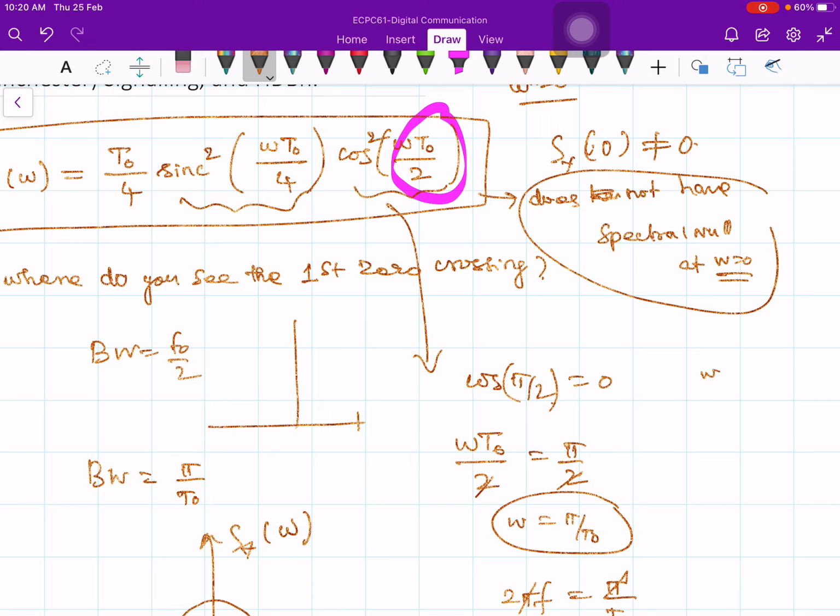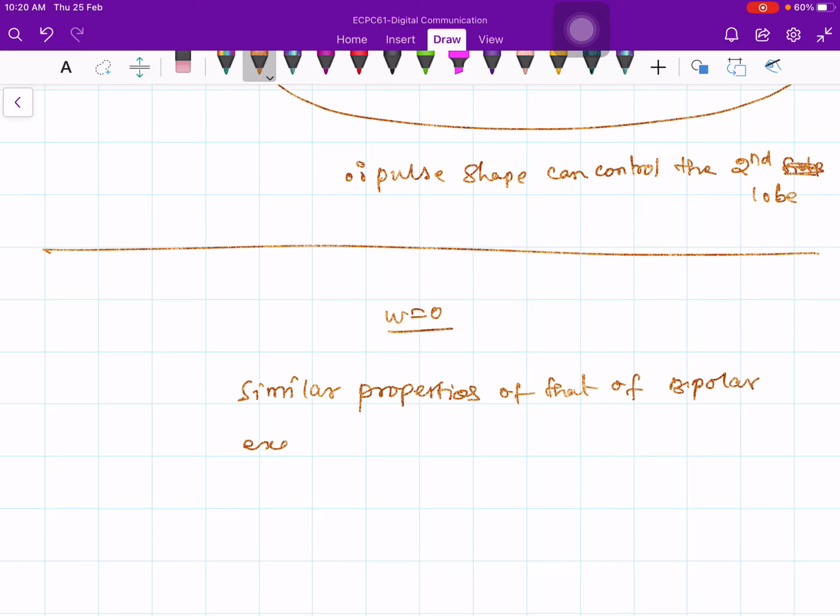Therefore, we can conclude that the properties are similar to that of bipolar, except for the missing spectral null at omega equal to 0.